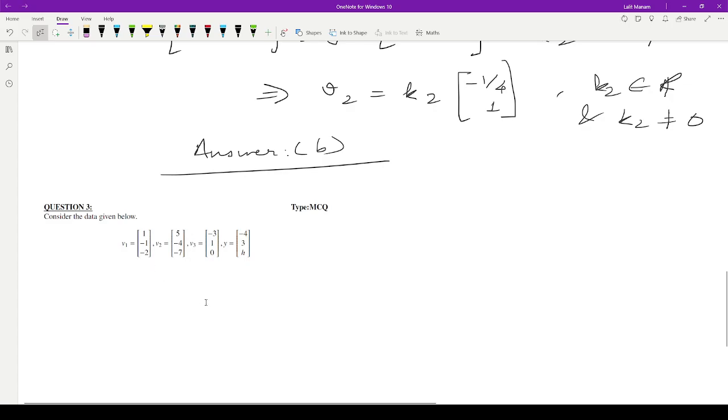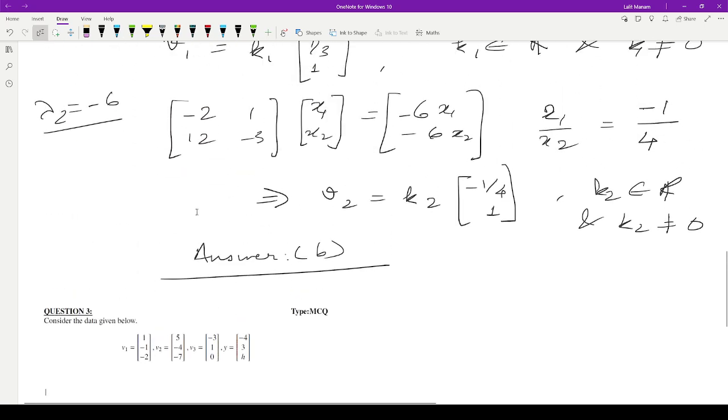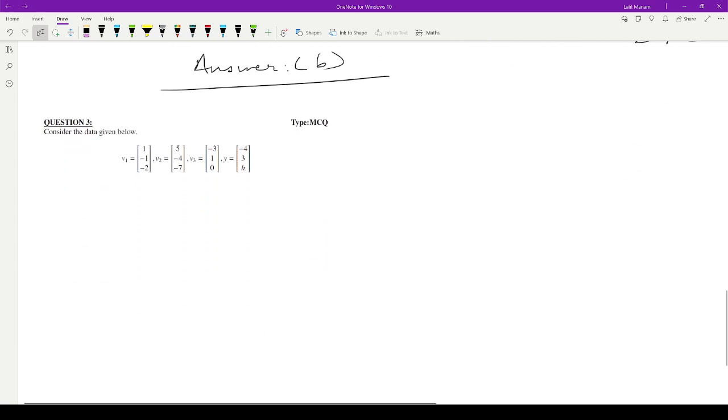So we are given three vectors v1, v2, v3 and a vector y. So I need to copy this part as well.